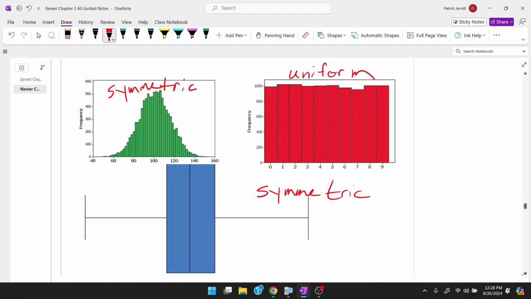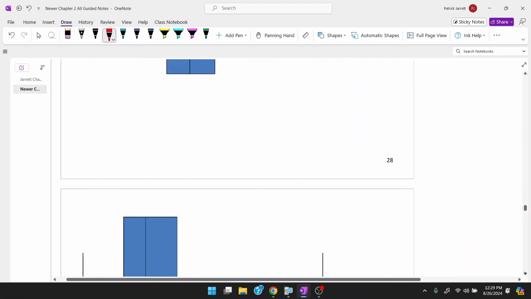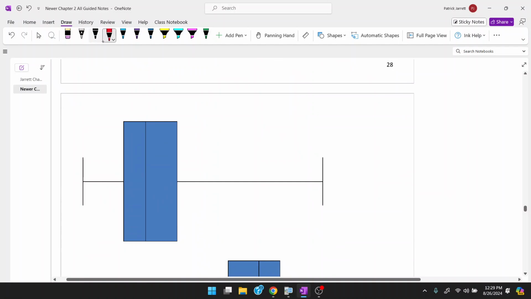No. If it's a box and whisker plot, you can't consider uniform. Now, on your lab and on your test, I'm basically going to give you box and whisker plots, and you'll use each of the four once. So you have symmetric for this one, and then this one would be skewed.